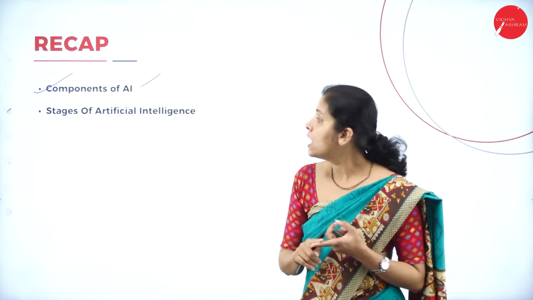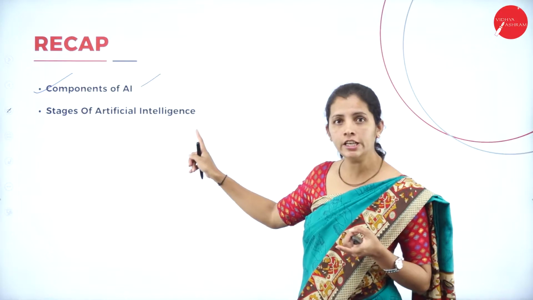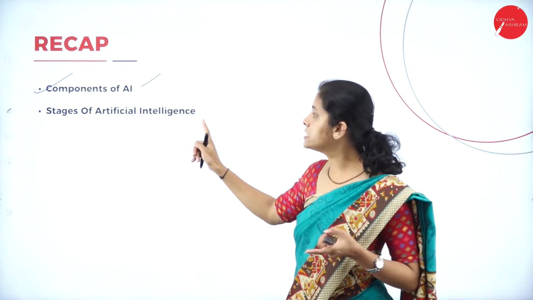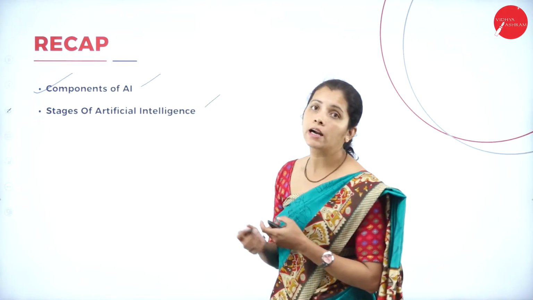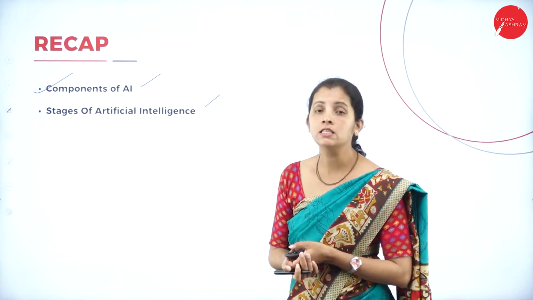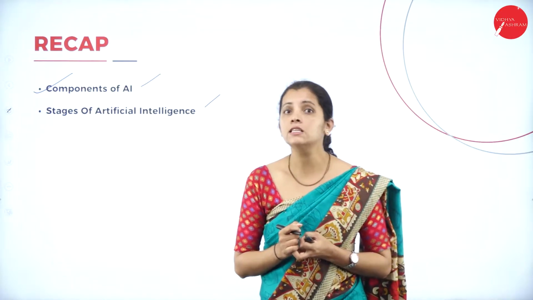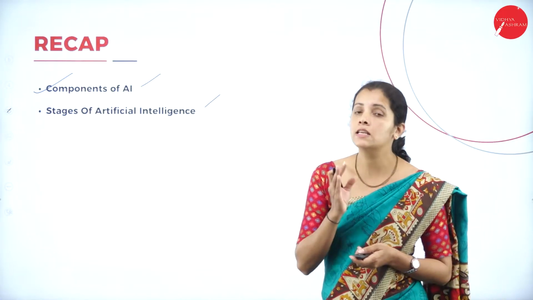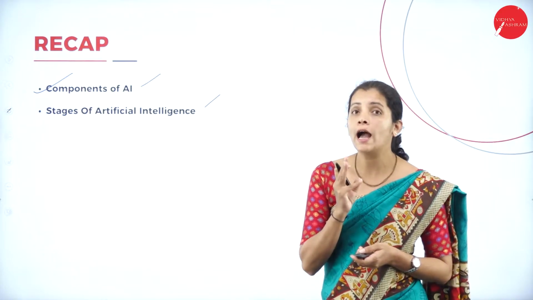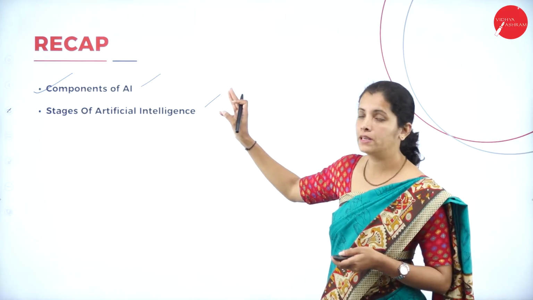Along with that, I discussed the stages of artificial intelligence. There are 3 stages: artificial narrow intelligence, artificial general intelligence, as well as artificial super intelligence, and these are the 2 topics I covered in my last session of this chapter.